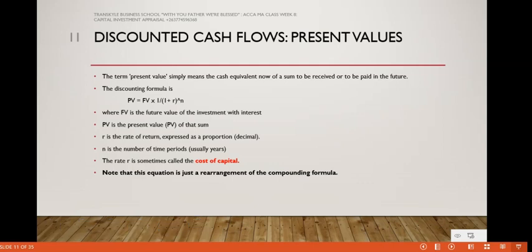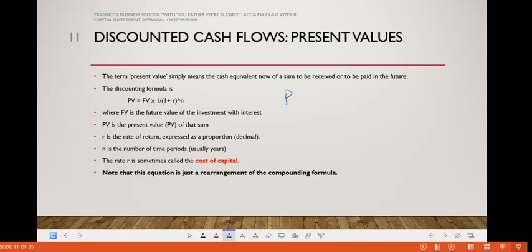So PV is equal to future value multiplied by 1 over 1 plus R to the power n. That's how that formula looks, where FV is the future value and PV is the present value of that sum.